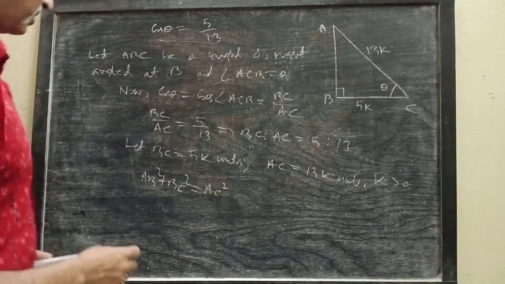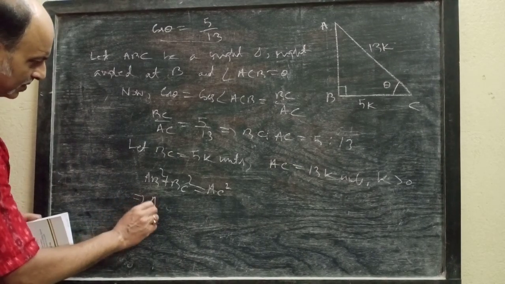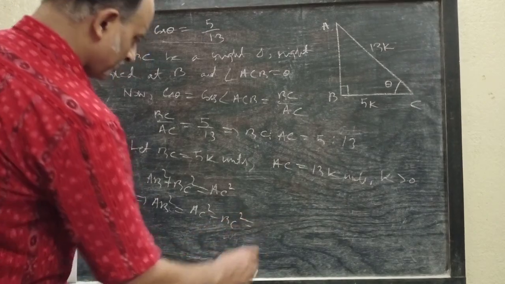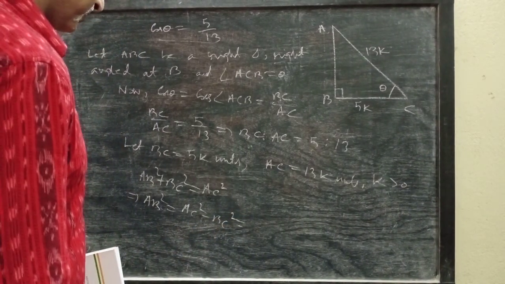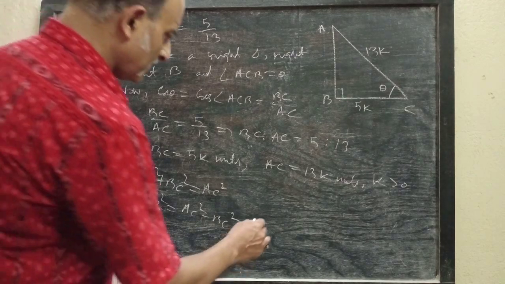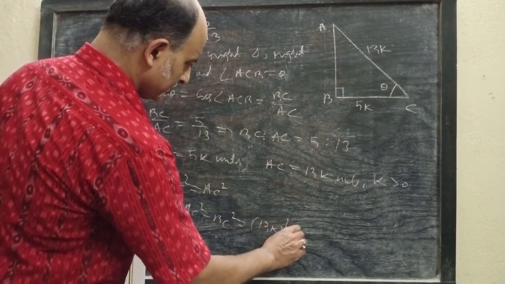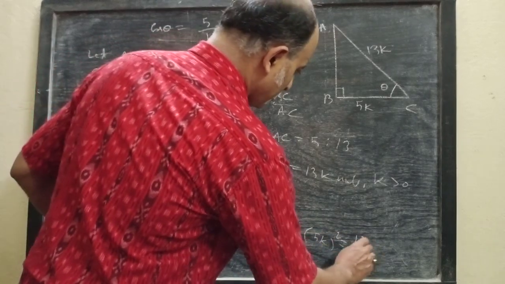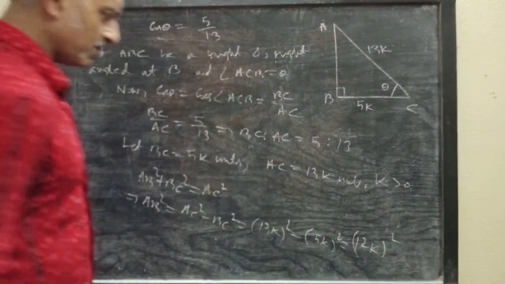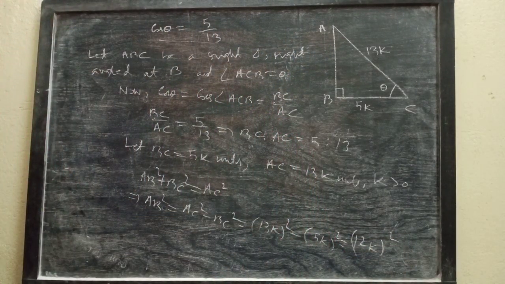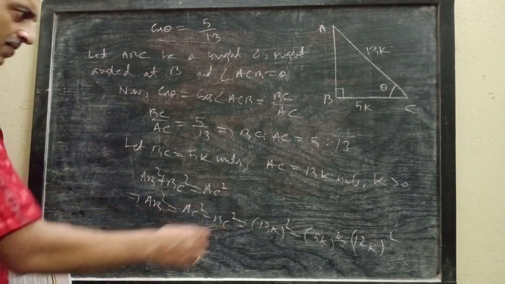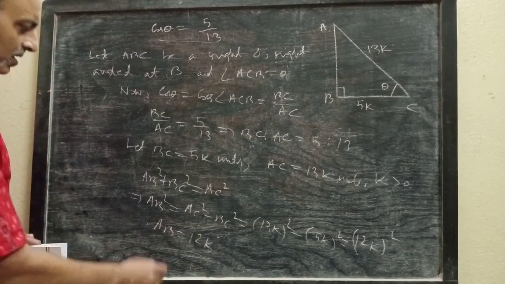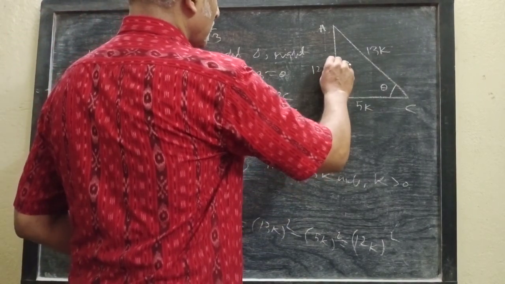We have to find AB. So make AB square the subject. AB square will be AC square minus BC square. So AC square is 13k whole square minus BC square is 5k whole square. Calculate this, you will get 12k whole square, because 169 minus 25 is 144. So AB will be 12k. After getting AB, write it here, AB as 12k.